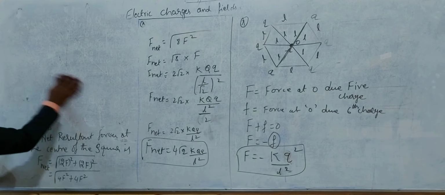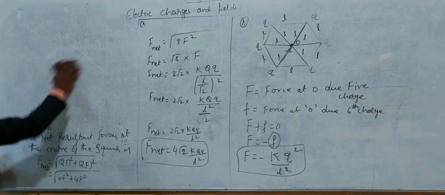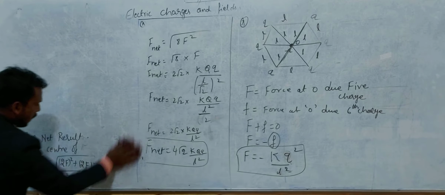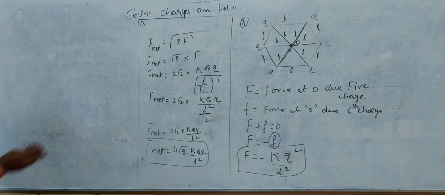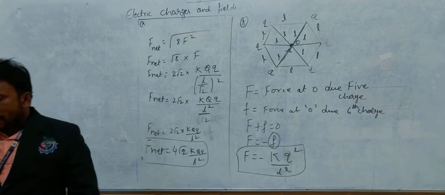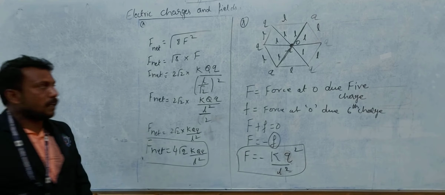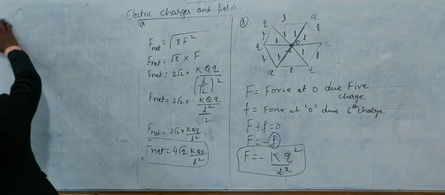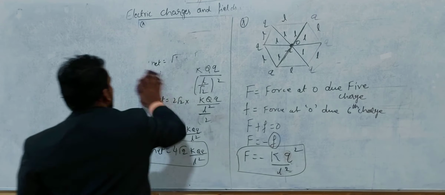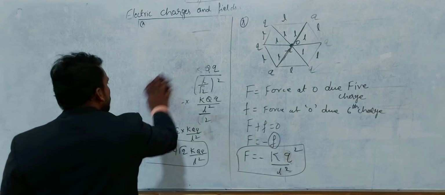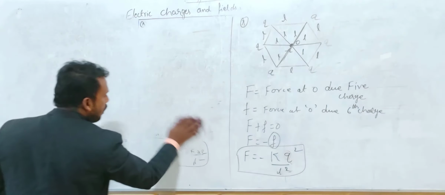Q1 and Q2 are separated by a distance capital R. Therefore, the maximum force of repulsion between them will occur only when Q1 is equal to Q2 is equal to how much?